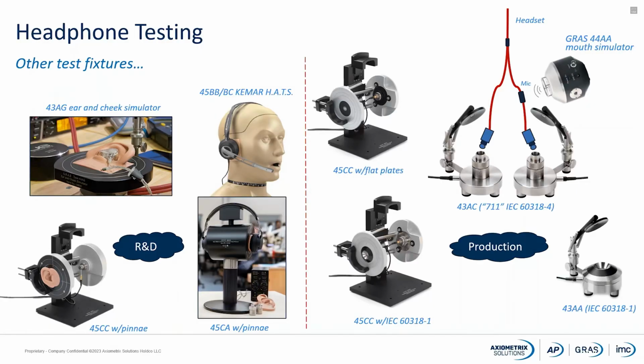For test of in-ear and earbuds, where you need the ear canal, you can either use the 45cc with the IEC 60318 ear simulator, or you can use the fixture called 43AC, which is also an IEC 60318-4 ear simulator with the wanted ear canal, or as discussed on one of the previous slides, a 2cc or a 0.4cc coupler can be used for your production line testing.